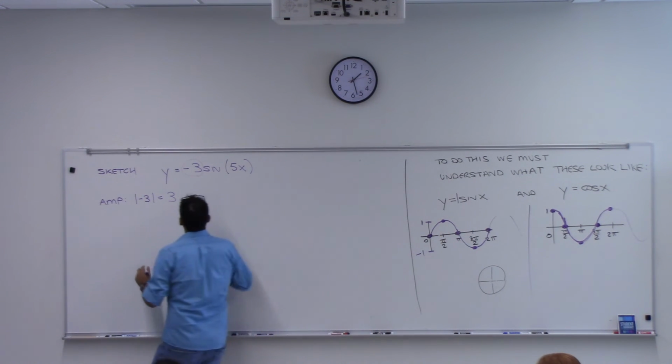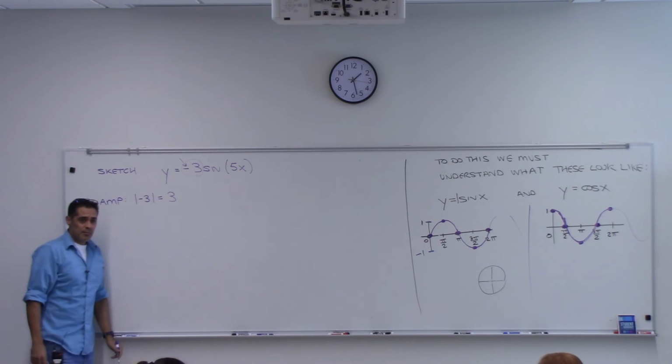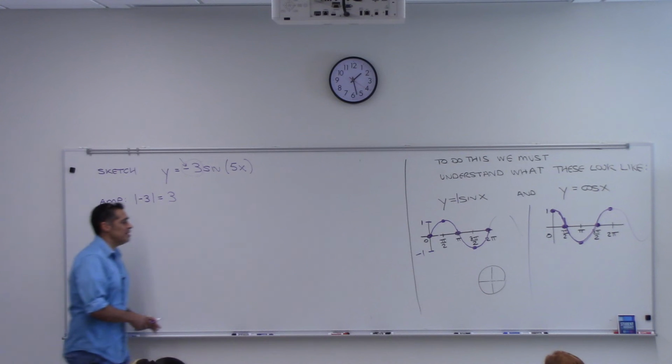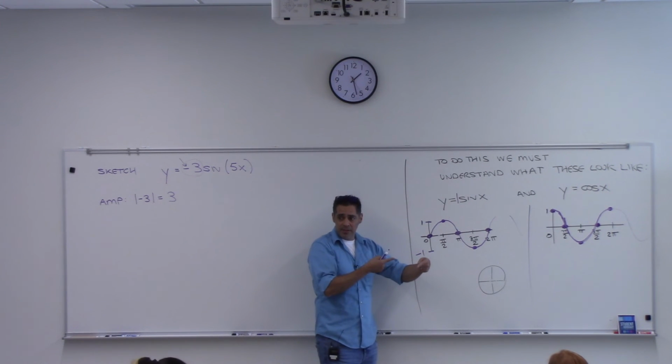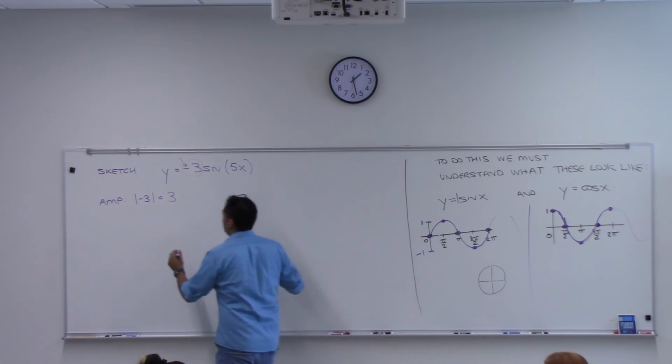The next thing is the fact that there's a negative in front. You see that negative in front right there? That negative tells me that when I draw this, I should not expect to see this picture, but to see that flipped over the x-axis. It's a reflection. Whenever you put a negative in front of a function, it flips it over. So I'm just going to note that.